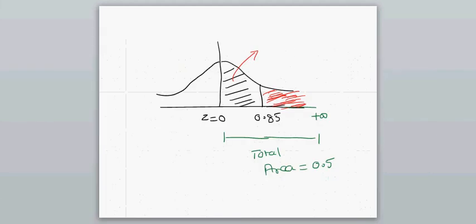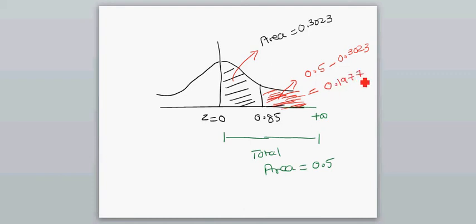So this area value I got is the area of this black color shaded portion, 0.3023. Now I want this red color portion area, that is our expectation. Total is 0.5. So I will remove this 0.3023 from the total 0.5. I'll get the required area as 0.1977. This is the way how we can calculate the areas.